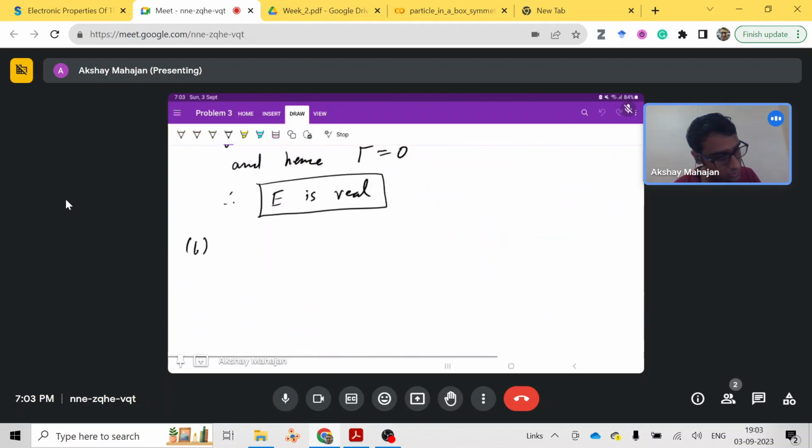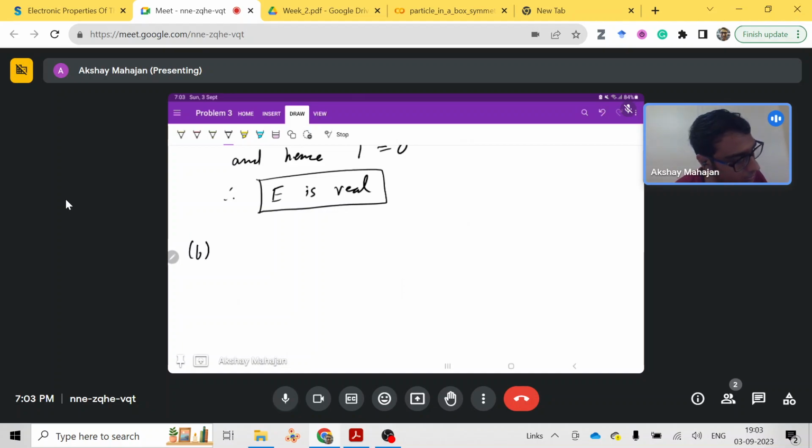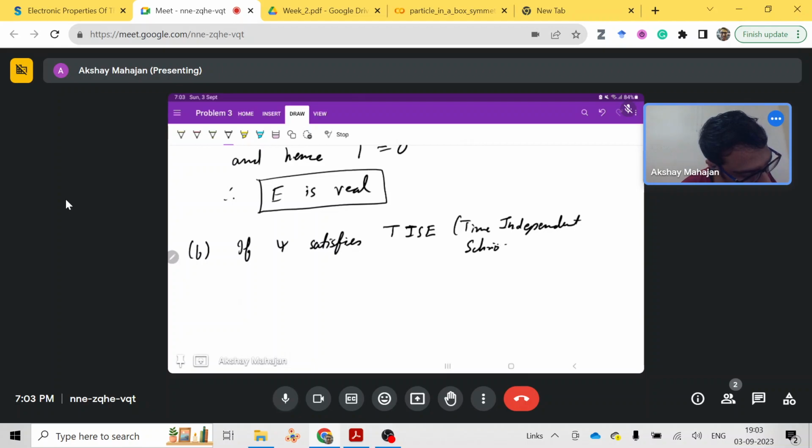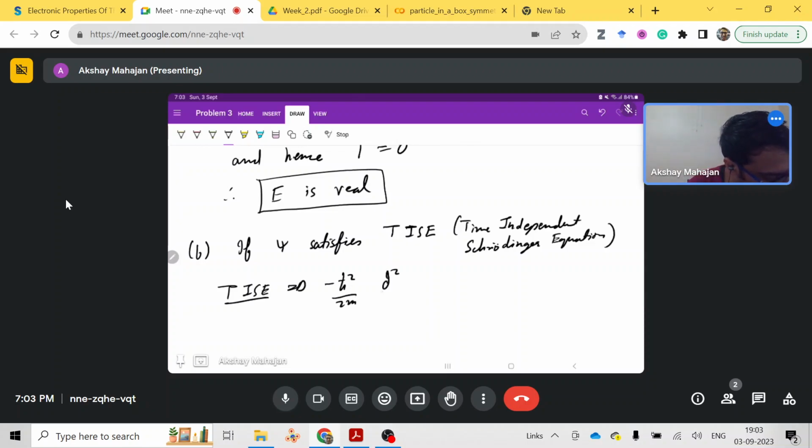Okay, so let's go to the solution of part B. If psi satisfies the time independent Schrodinger equation, TISE, that is, minus h bar square by 2m d square psi by dx square plus V(x) psi equals E psi.